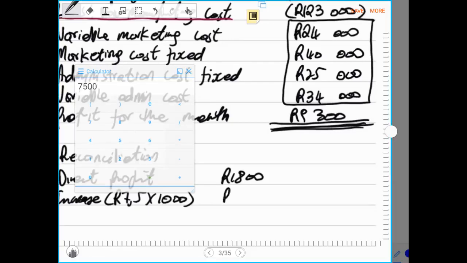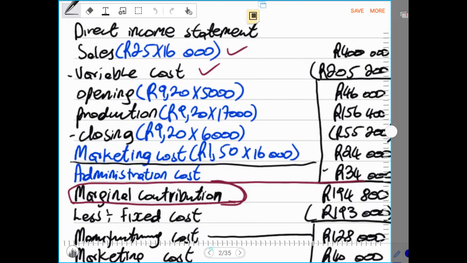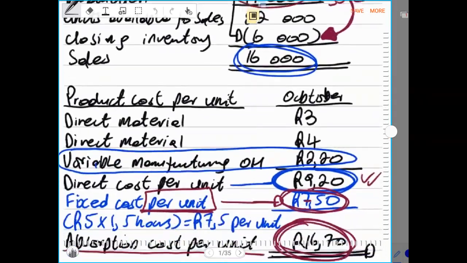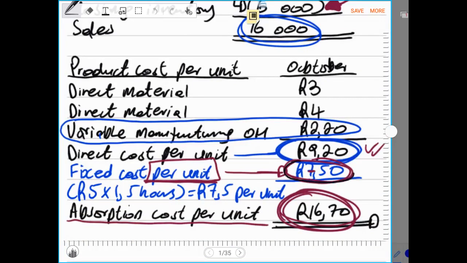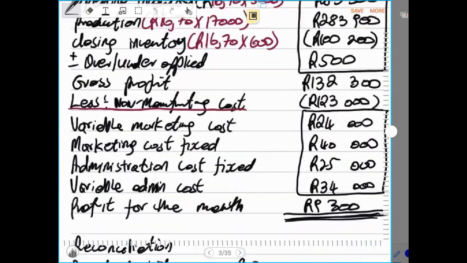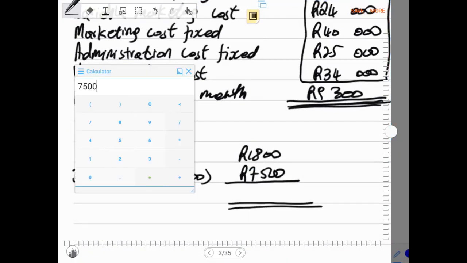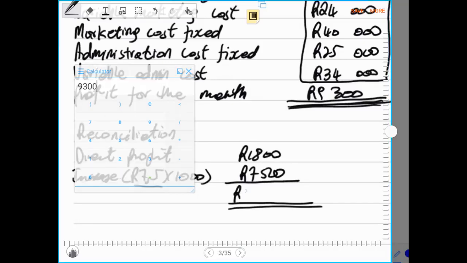And this will give us 7,500. Remember, the 750 is the fixed cost. We have calculated our fixed cost per unit as 750 cents. And if that is the case, then now we can use that and we multiply with it. Then we can add the two, and in adding the two, this should give us the profit of the absorption. 7.5 plus 1,800 will give us a total of 9,300.